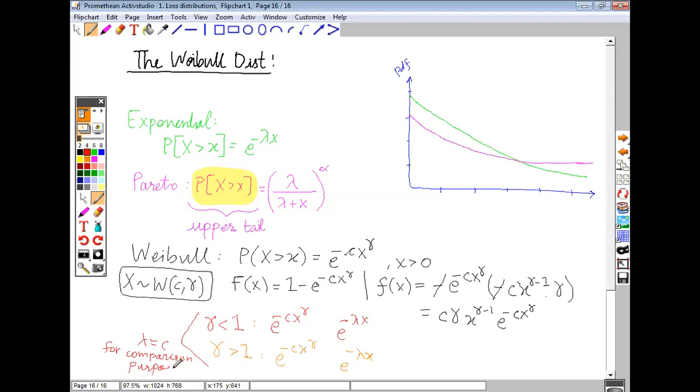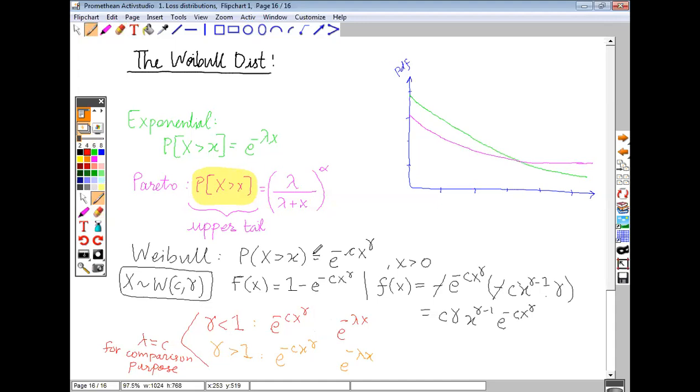Can you please repeat what your question was? Okay, so I'm asking whether in this box I should write greater than, less than, or equal to symbol. So basically, I'm trying to see whether my tail of the exponential distribution is higher than Weibull or not.